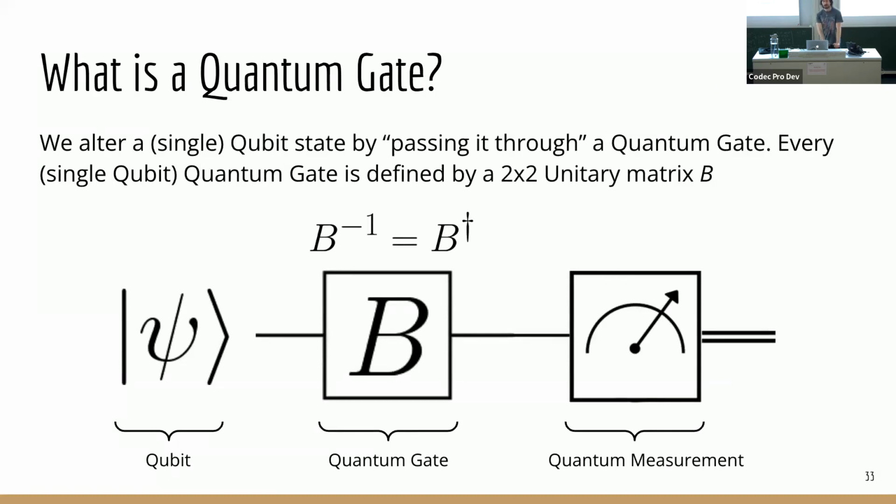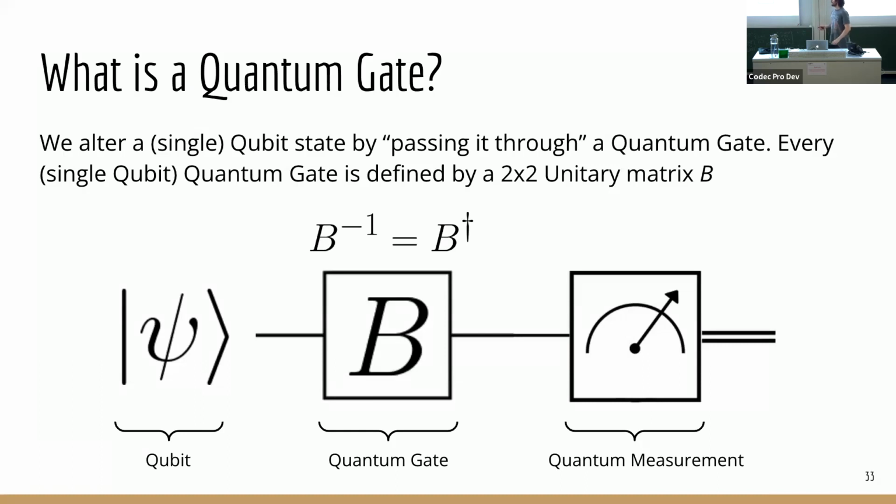Now that we know a little bit about qubits and how they're measured, we actually want to manipulate them in some way. So we can alter a single qubit by metaphorically passing it through a quantum gate.